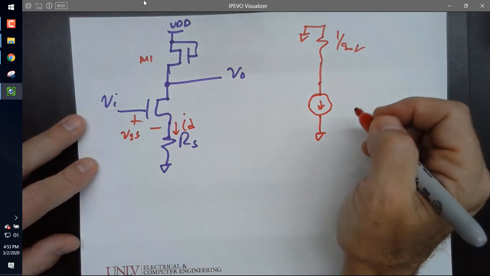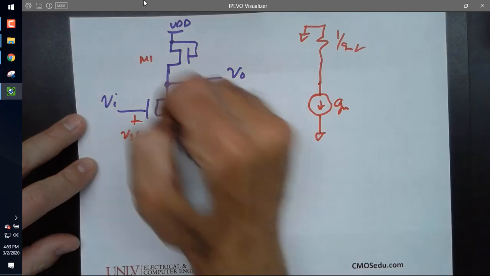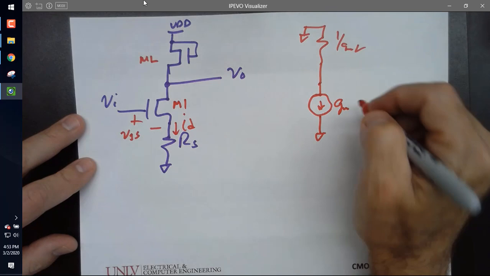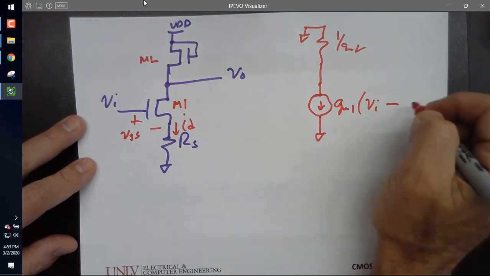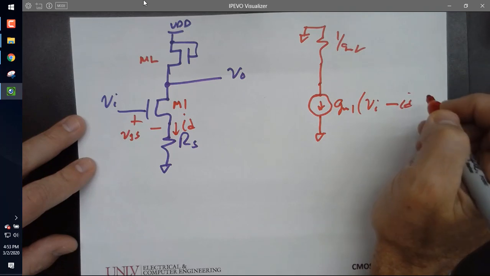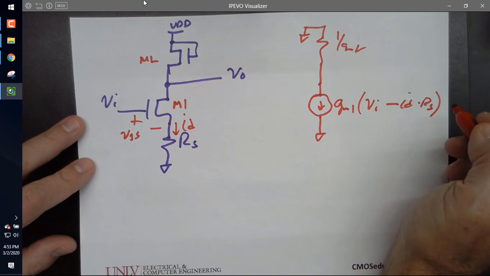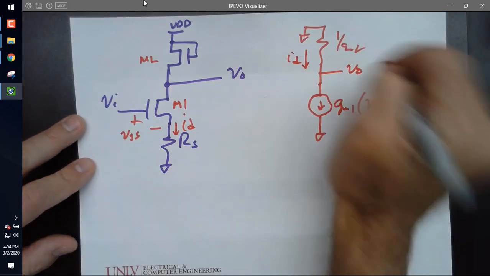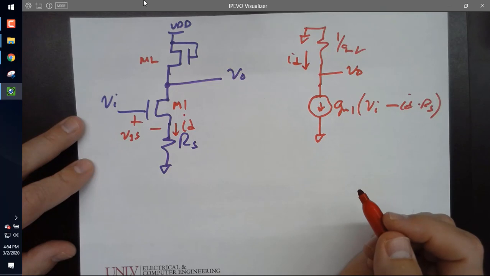Okay. I'm going to replace this with GM, M1, times VN minus ID times RS. And this is my ID, and this is my V out. Yay or nay?